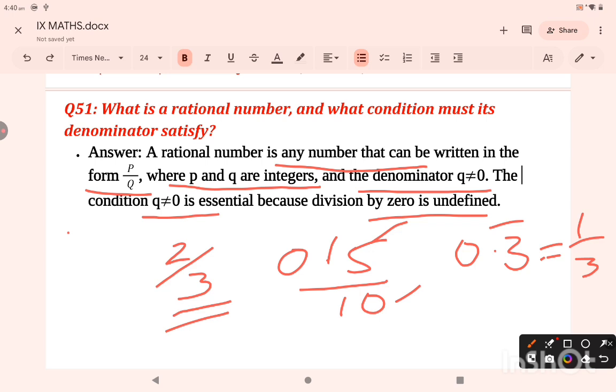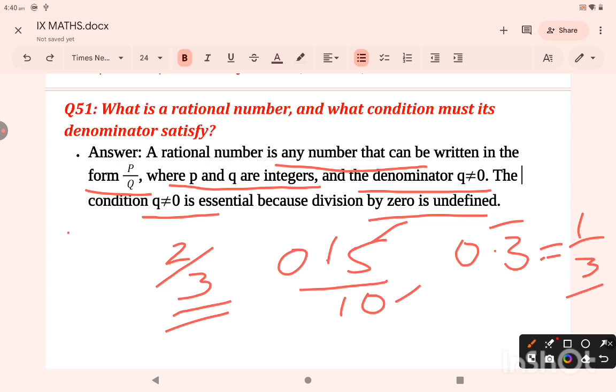This can also be expressed in the form of p by q. That means 0.3 bar is equal to, what we know here, 1 by 3. So numbers which are in the form of p by q or which can be expressed in the form of p by q, these types of numbers are called rational numbers.